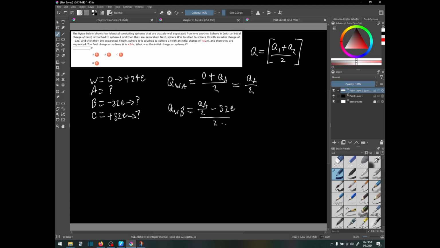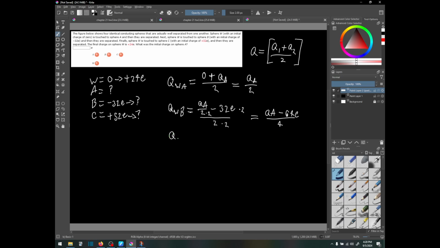Now we multiply all of this by 2, which cleans this up pretty good. And now it's just going to be QA minus 64E all over 4. And then they're separated.